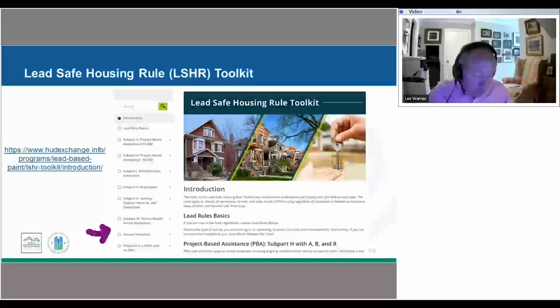I'll just mention, for instance, there is a sample clearance report. There's a clearance report review worksheet. So it really walks you through, in reviewing that clearance report you received, the contents of that and what you're looking for. All of the disclosure samples are included in this toolkit, and this would be your go-to spot for those resources.